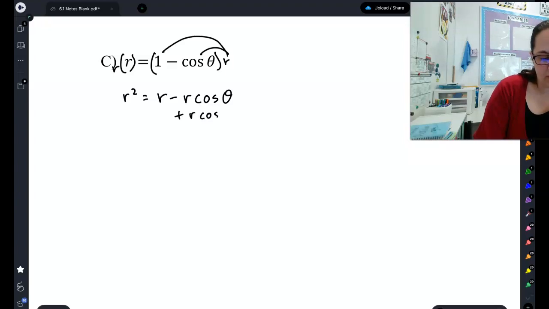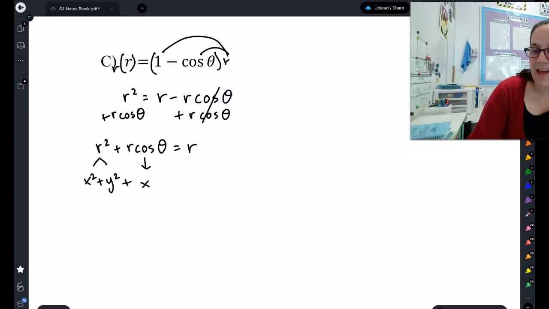So let's do this. I'm going to bring this over to the other side. So I get r squared plus r cosine of theta equals r. The r squared I'm going to turn into x squared plus y squared. The r cosine of theta I'm going to turn into x from my equations.